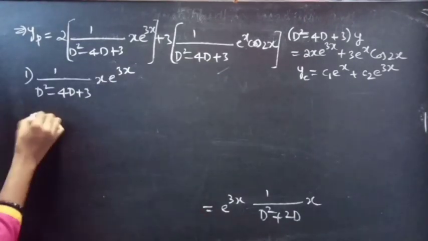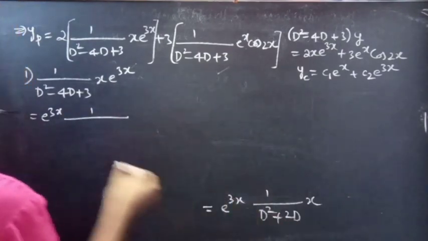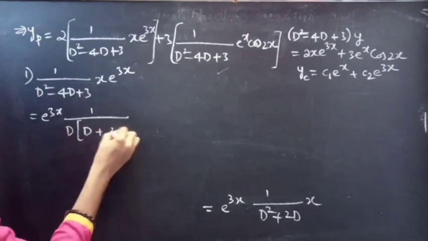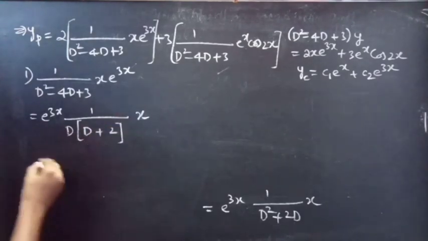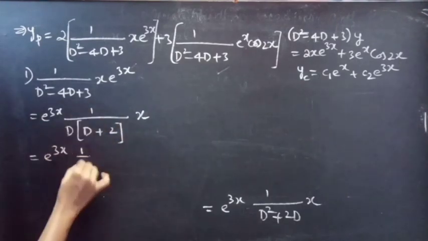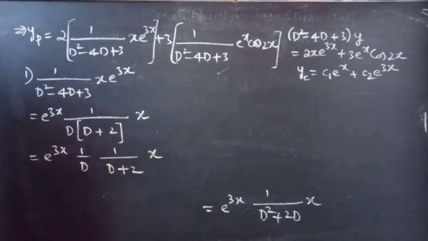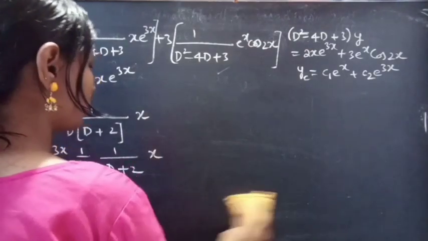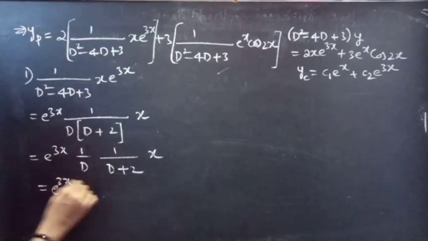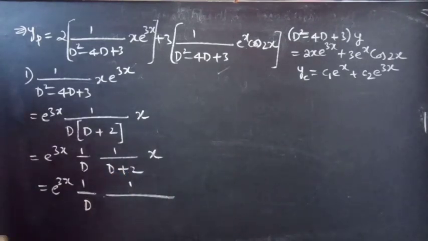This becomes e power 3x into 1 by, take D common from the denominator, we'll get D times (D plus 2) into x, which is equal to e power 3x into, we can split the fraction as 1 by D into 1 by (D plus 2) into x, which is equal to e power 3x into 1 by D into, now take 2 common from the two terms of the denominator.